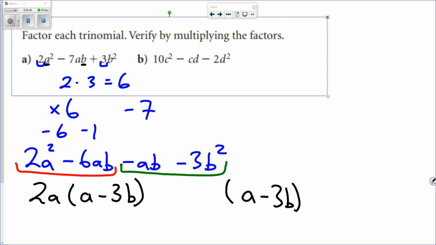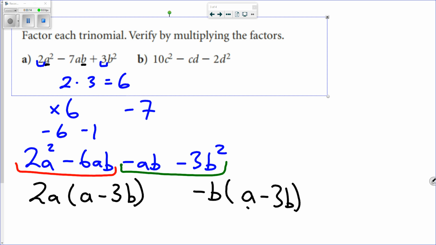We look at the first term, there's an A, there's no A in the second term, so we can't do anything with that. There's a B in both terms, so we can factor out a B. Now, both those terms happen to be negative, so let's factor out a negative B. So if we take negative AB divided by negative B, we are left with a positive A, as we hoped.